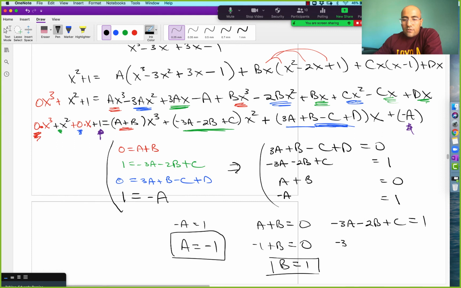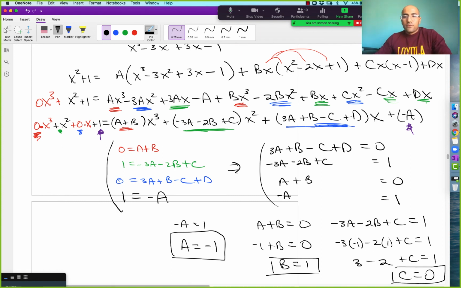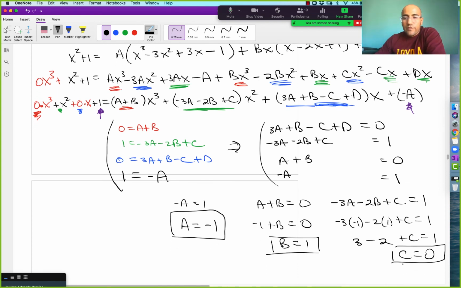So minus 3 times negative 1 minus 2 times positive 1 plus C must be equal to positive 1. So this is positive 3 minus 2 plus C equals 1. So that must mean that C equals 0. So we have three of these.